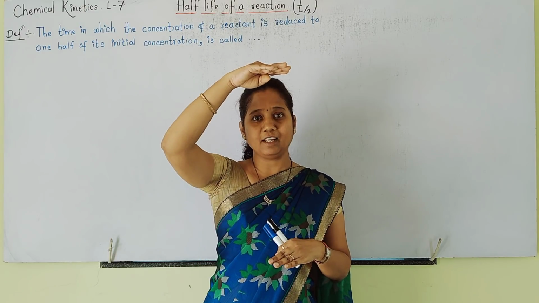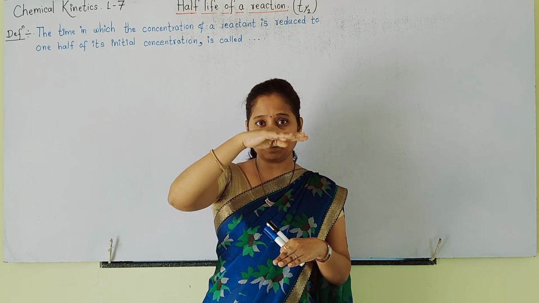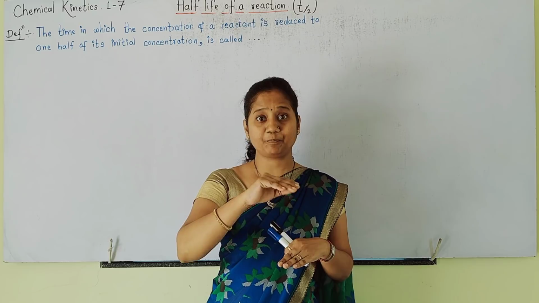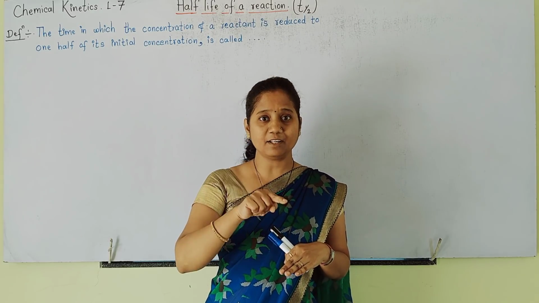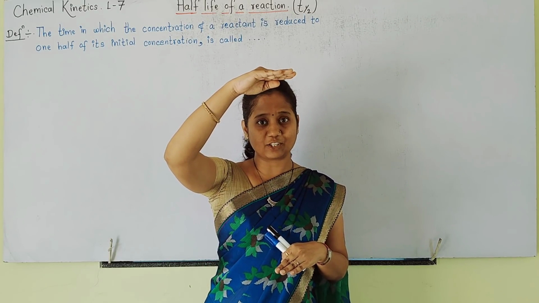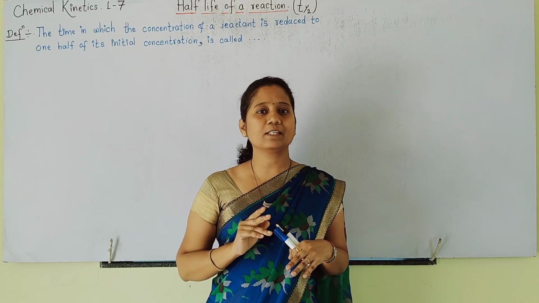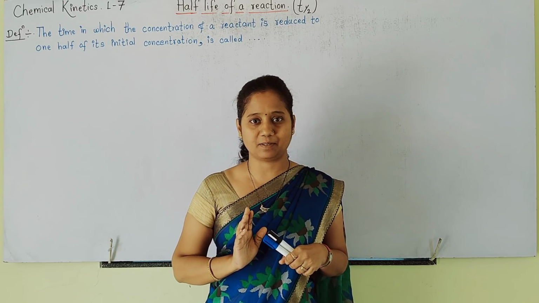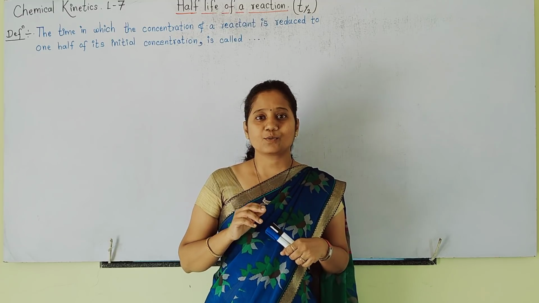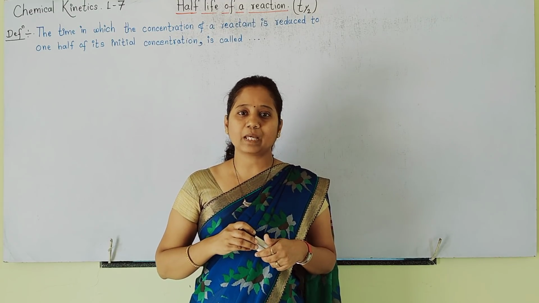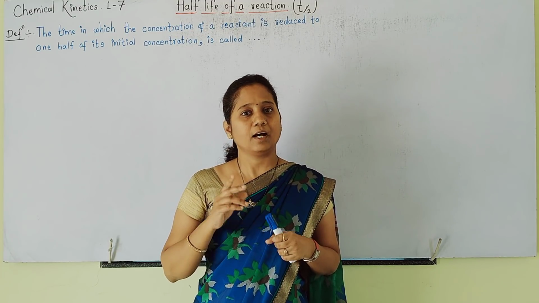If we have taken 100 reactant, it should become half, means 50 reactants. How much time is required to reduce initial concentration of reactant to its half is called the half-life of the reaction.